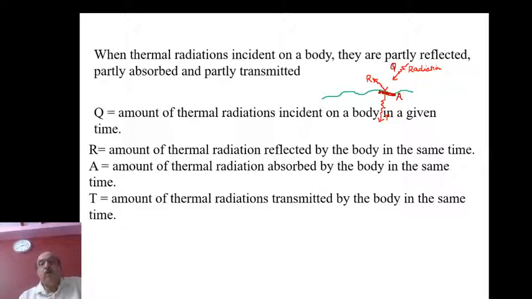And the amount of absorbed radiation is represented by A, and T is the amount of thermal radiation transmitted by the body in the same time. So the radiation energy Q is equal to R plus A plus T.